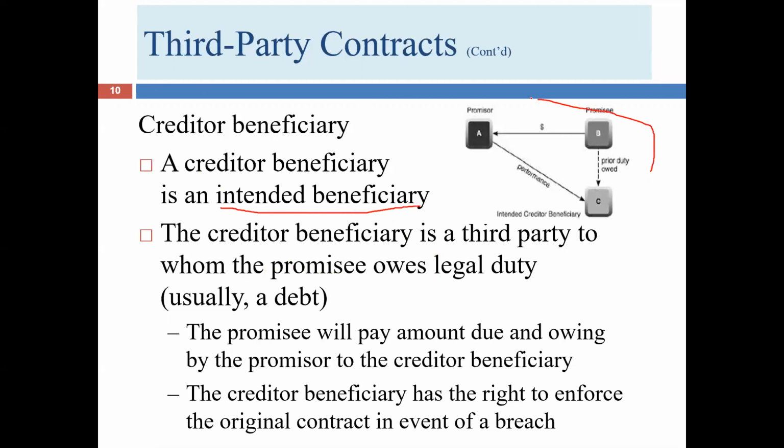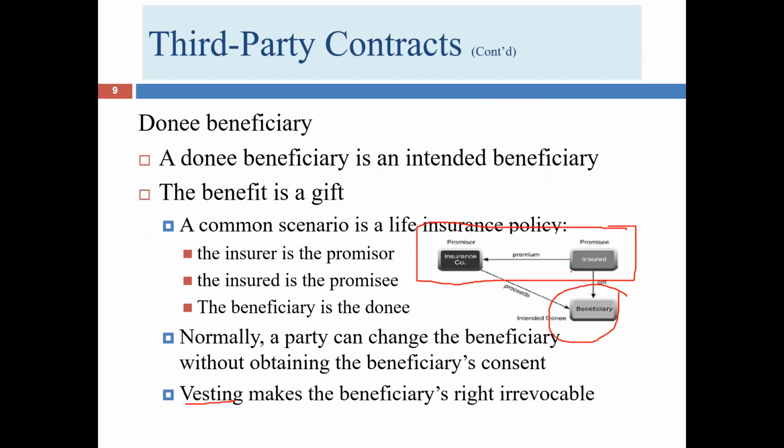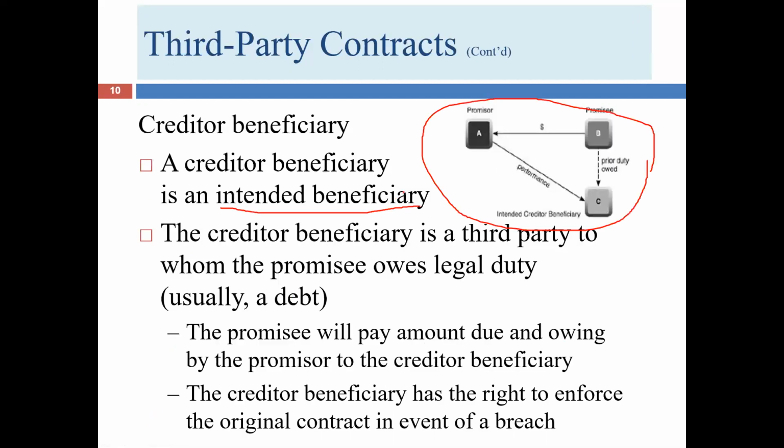You can see this picture looks not exactly, but virtually exactly like the picture we saw previously, right? We've got the triangular formation here. Here we have the promisor, which is the insurance company, and the insured is the promisee.